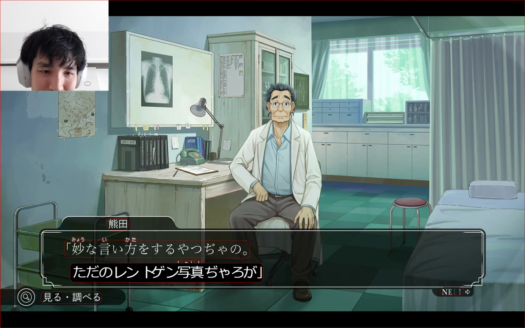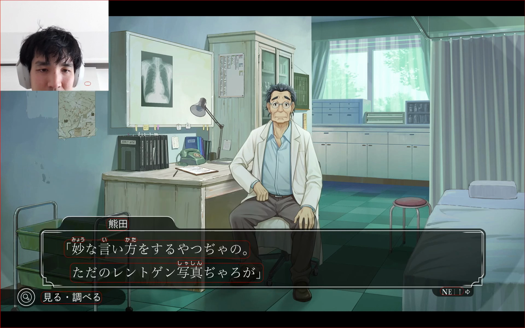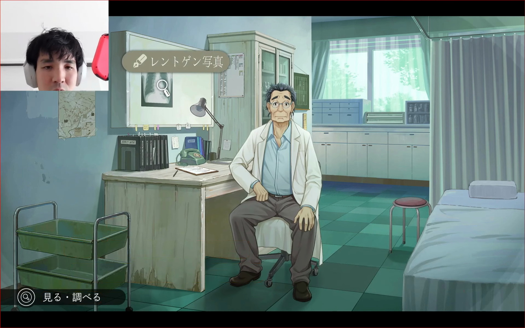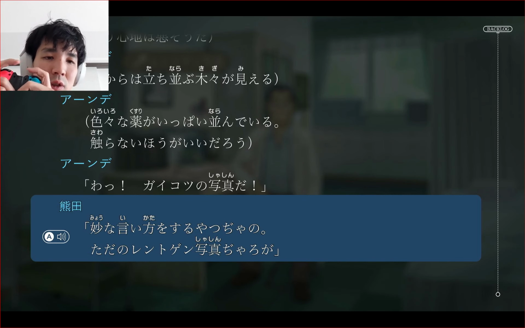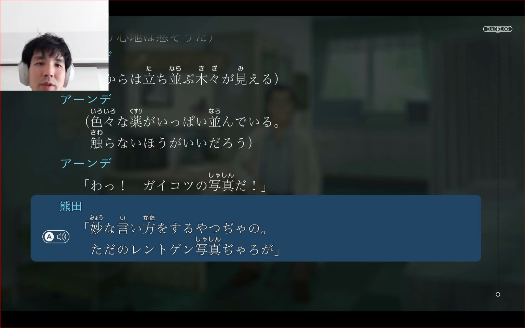Why is the OCR failing so much here? レントゲン, why is it レントゲン? I'm gonna look it up.